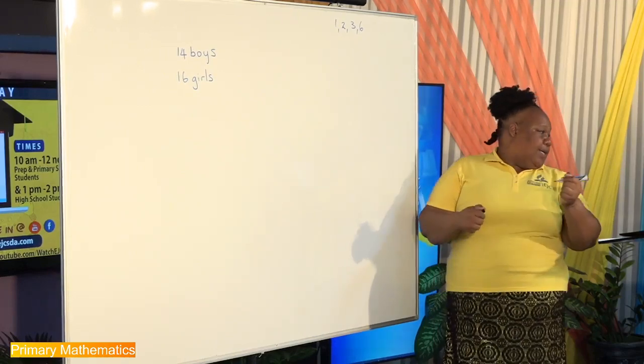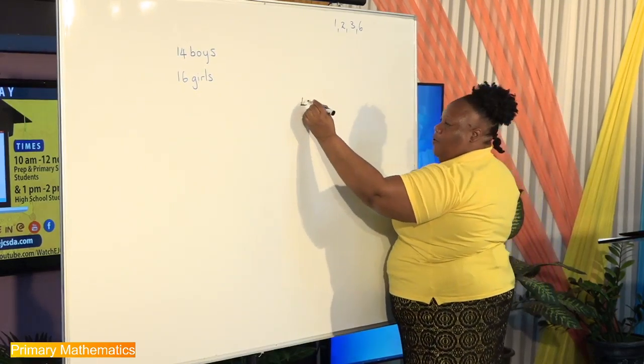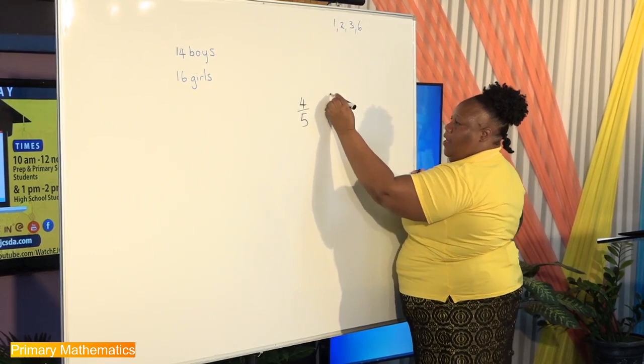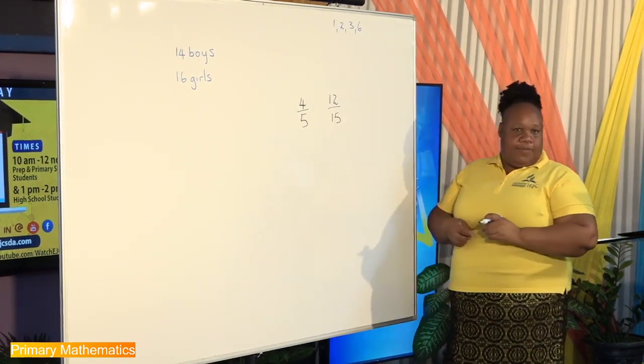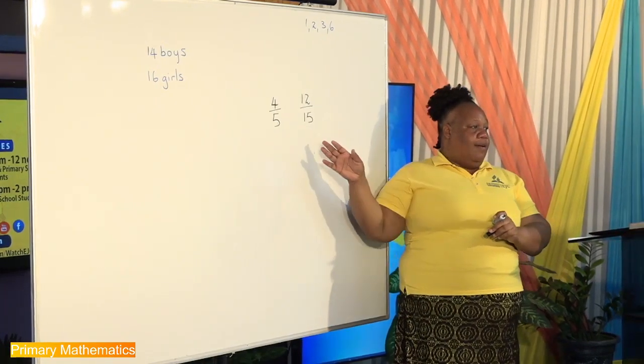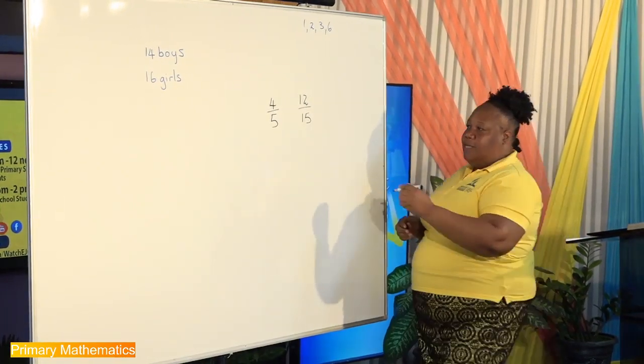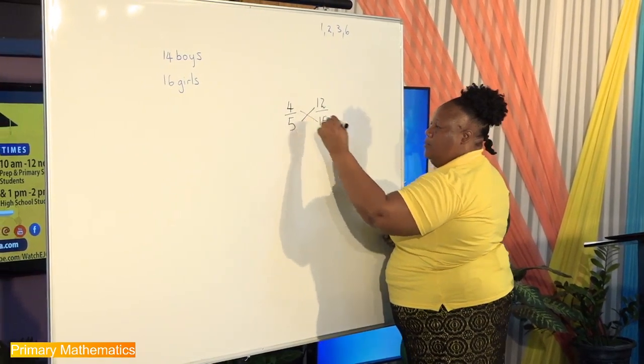Okay, so we have 4/5 and 12/15. We want to find out if they are equivalent. One of the easiest ways, we multiply on the cross.